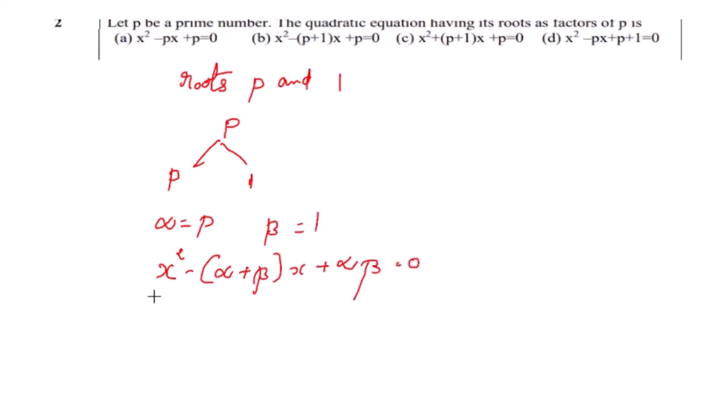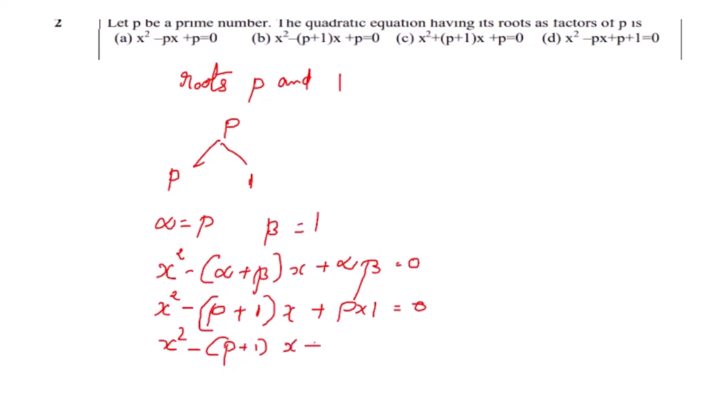Same way we can write x square minus (p plus beta, which is 1) into x plus alpha beta. Alpha beta is p into 1. That is x square minus (p plus 1) into x plus p is equal to 0.